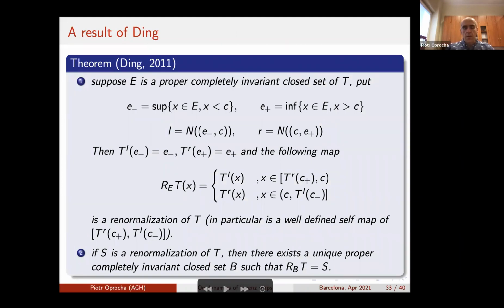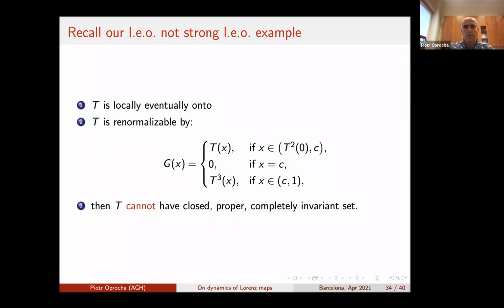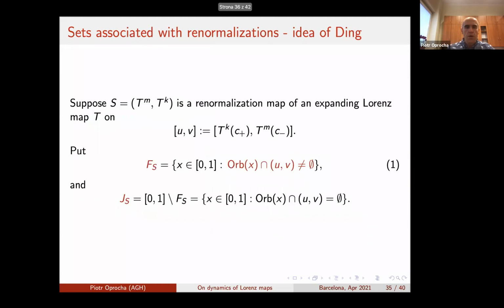Because we have an exact example. We have renormalization, but there is no such B that can give you that map. So some work is maybe needed. Maybe something can be saved from that theorem because it looks really nice, and this part works well. There is a problem with the opposite direction. We will spend some time thinking about what you can get.